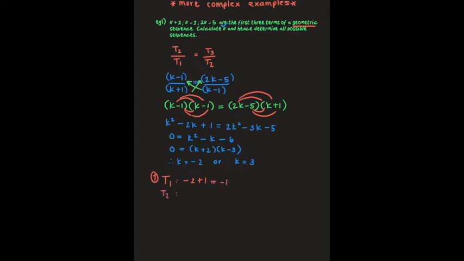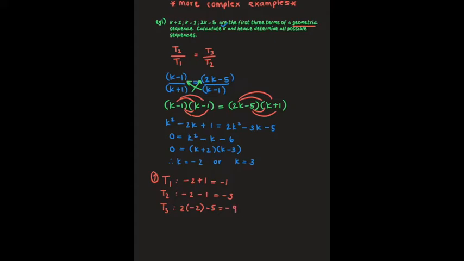Term 2 is k minus 1, so k is negative 2 minus 1, which is negative 3. And term 3 is 2k minus 5, with k negative 2, so that's minus 4 minus 5, minus 9.